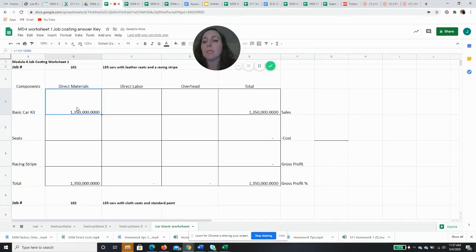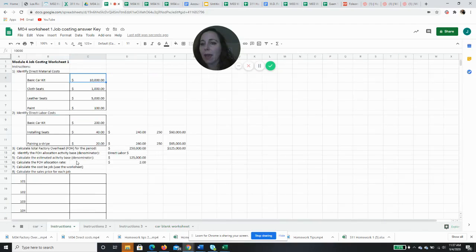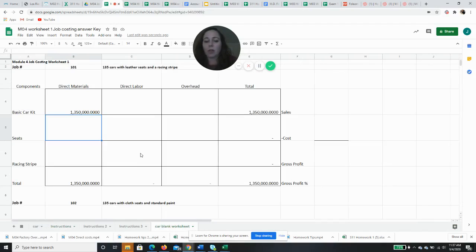So my direct materials on this job for just the basic car kit is going to be $1,350,000. All right, seats. They want leather seats. So I go back, and my leather seats cost me $5,000. So I'm going to make 135 cars with leather seats times the $5,000 that the leather seats cost us.